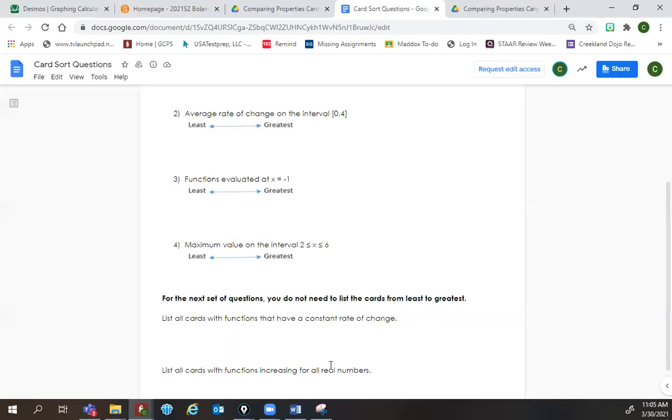Quadratics have to do with max and min. The word max and min only go with quadratics. It doesn't need to go with any other function. So these two I don't want you to do. This one I do want you to do. Number 4 I don't want you to do. But number three is different than the average rate of change.